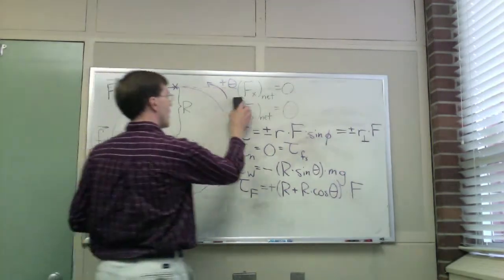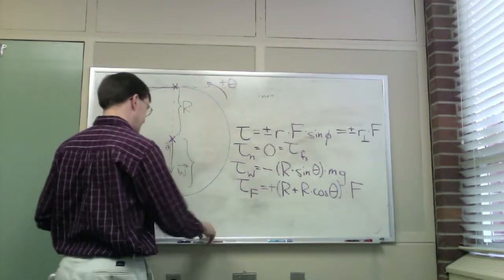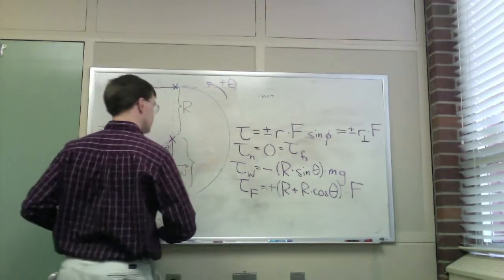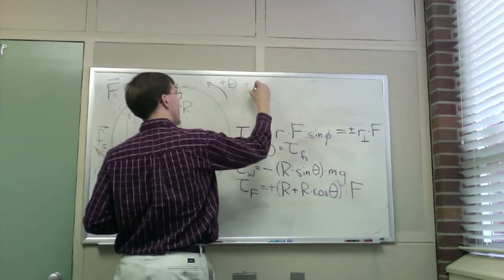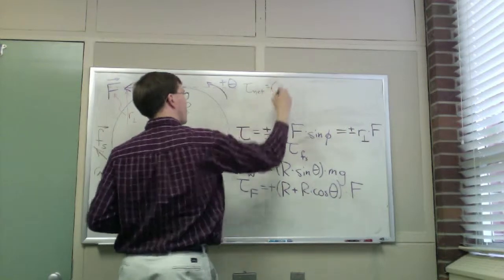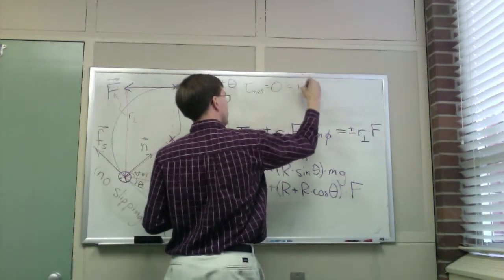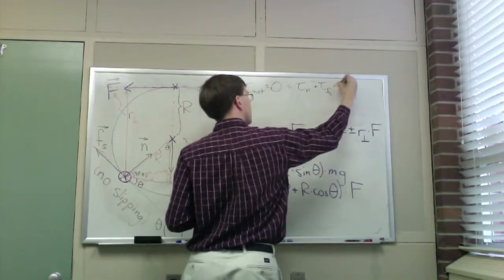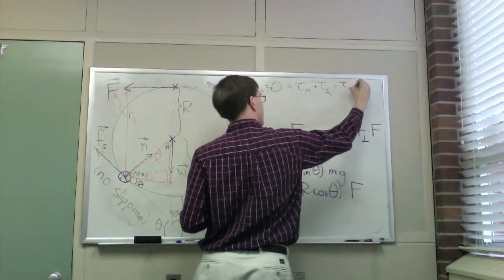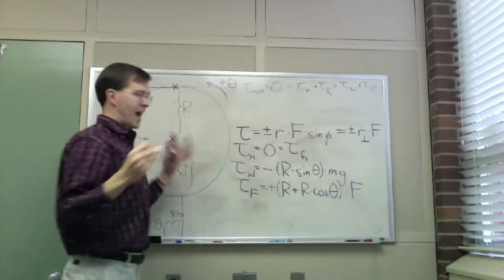All right, now that I've got my torques, let me write down the net torque equation. That net torque, tau net, equals 0. And in our case, that net torque is just normal force torque plus frictional force torque plus my weight torque plus my pulling force torque, just adding them all up.